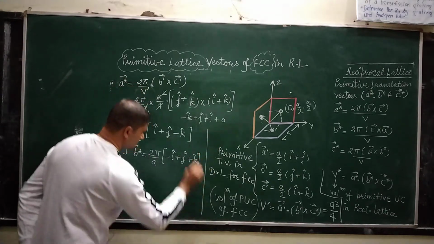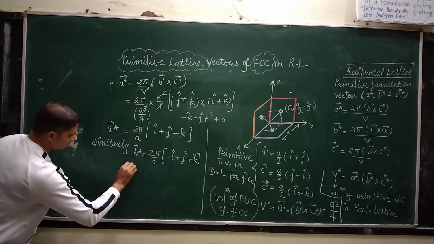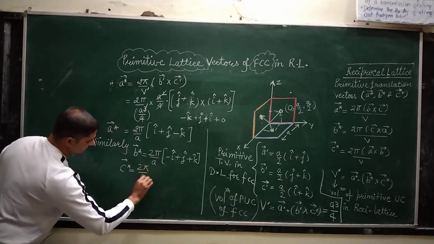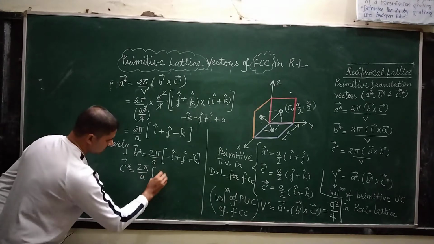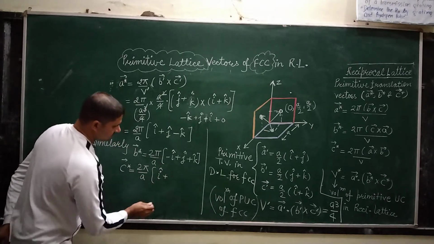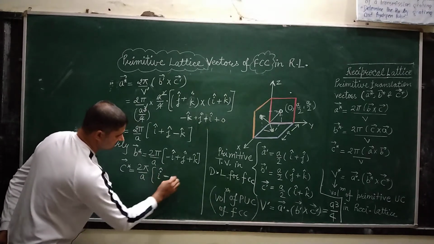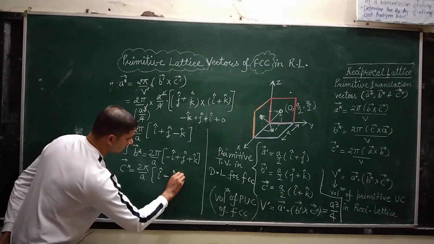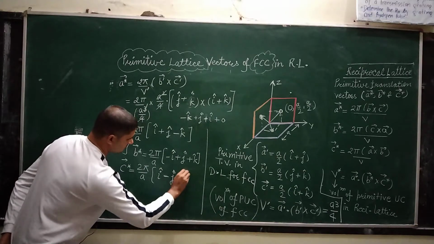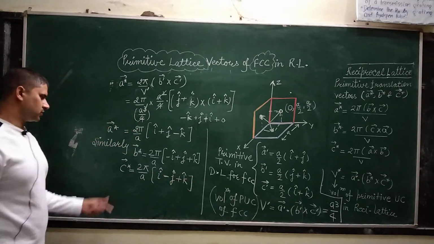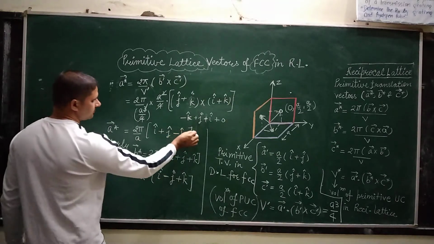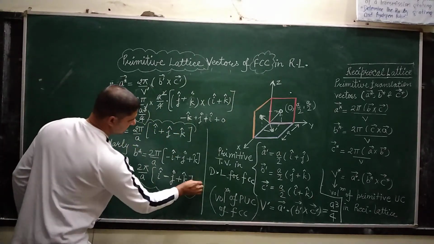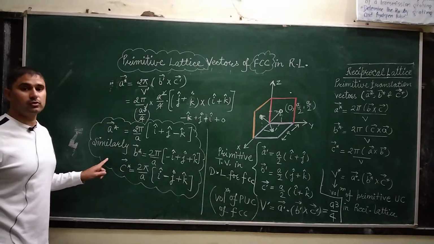Okay class, and then you can find C star, this will be equal to 2 pi by a and then unit vector i plus, minus, you can solve it, it will be minus j and then plus k. Okay class, so these are primitive translation vectors for FCC in reciprocal lattice.